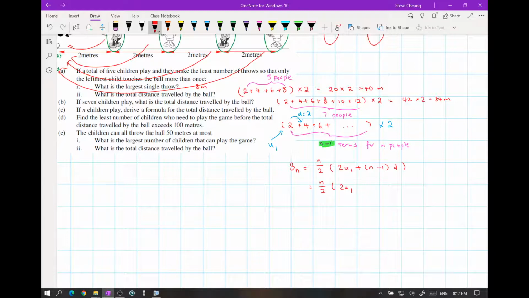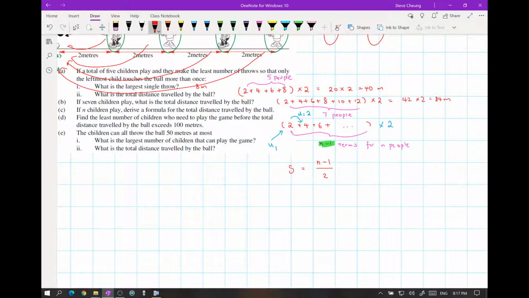So to make it simpler, for n people, can we just write it down like this? I will write down a subscript. So here, n actually is n minus 1. Remember, there are n minus 1 terms when you have n people involved, but we are only counting the terms. We're not counting the people.